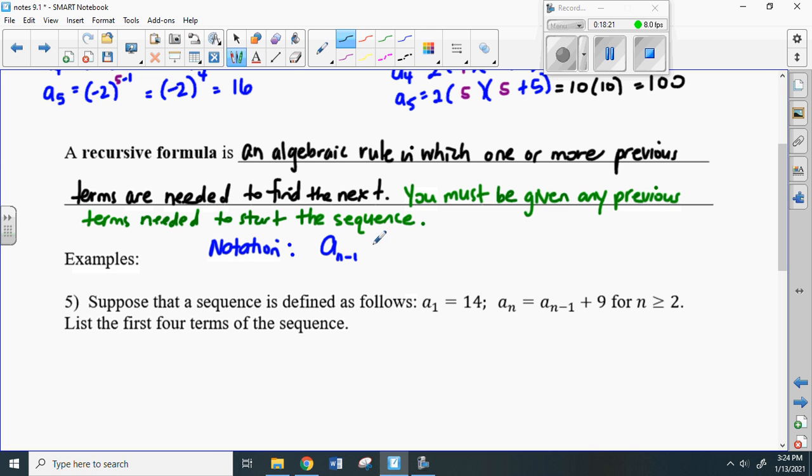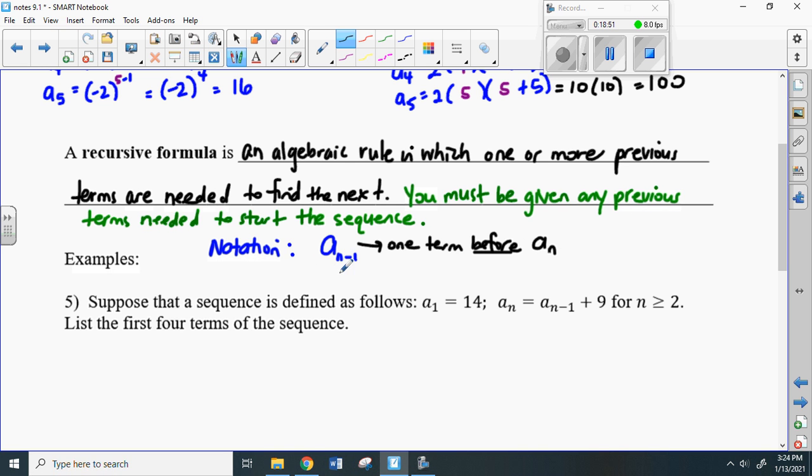And what that means is it's the term before a sub n. Okay? And let me do it even more specifically. Instead of saying the term, I want to be more specific and say one term before a sub n.